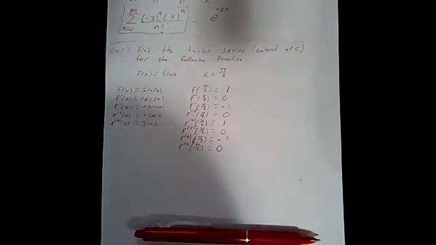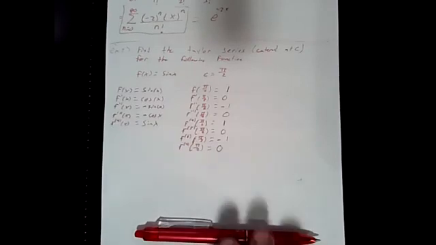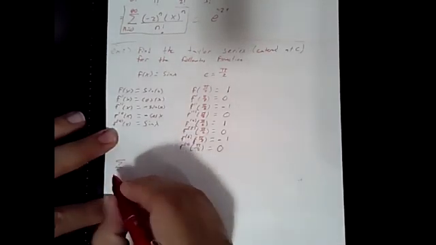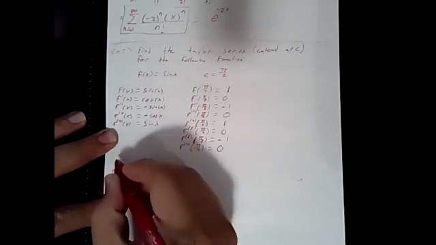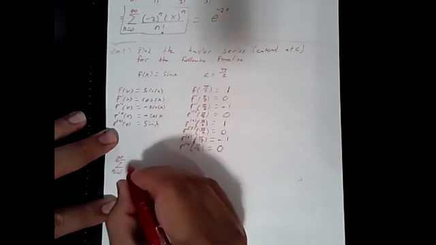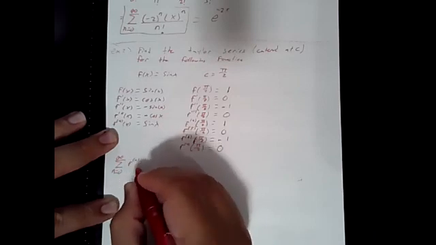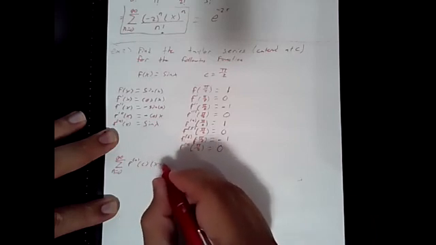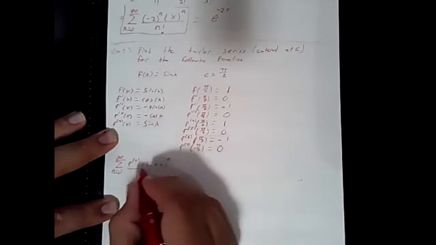Now let's remember that and look at the formula. The formula for the Taylor series says f, the nth derivative at c, times x minus c to the n over n factorial.